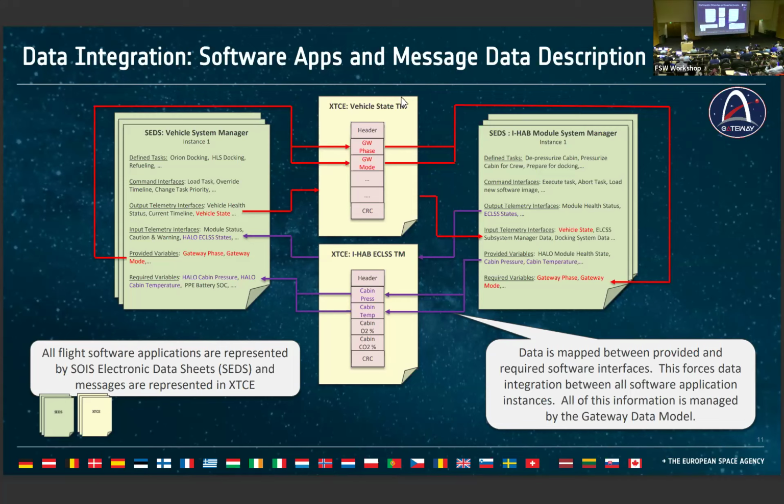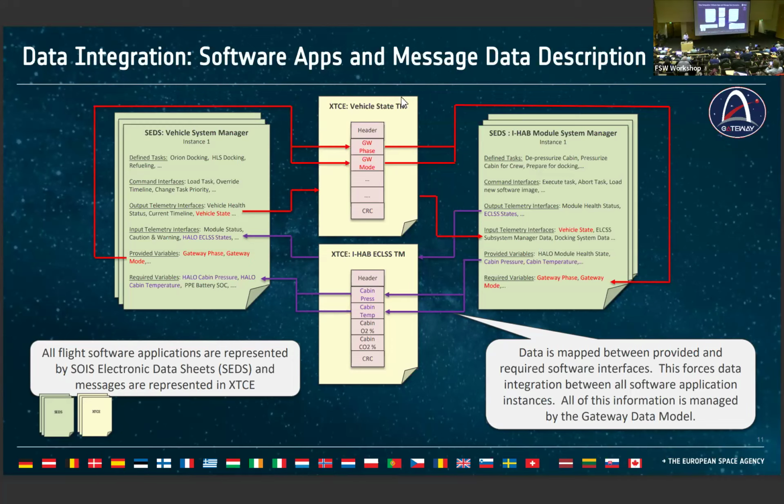So you can see that, for instance, there is telemetry defined, which contains variables, cabin pressure and cabin temperature, which are required variables by this vehicle system manager. So this is the electronic data sheet of the vehicle system manager. And on the other hand, that one provides variables which are in another piece of telemetry in the packet containing gateway phase and gateway mode.